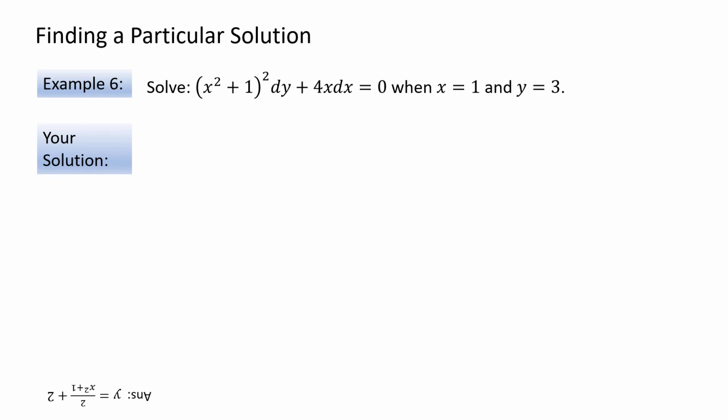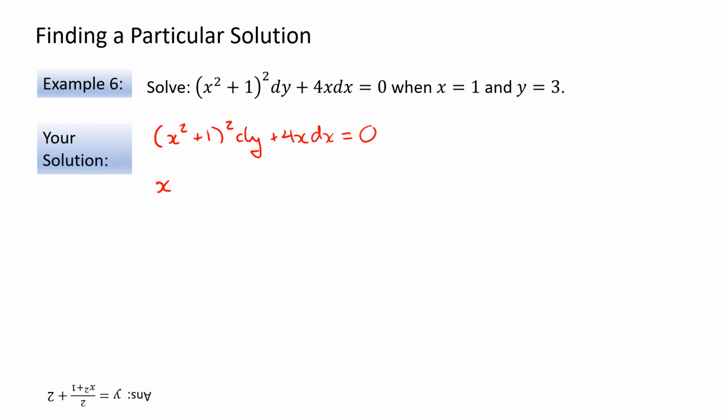Okay? So let's start by writing out the equation again. x squared plus 1 squared dy plus 4x dx is equal to 0. So we have both the dy and the dx on the left-hand side. I'm going to choose to move the 4x dx term to the right-hand side.